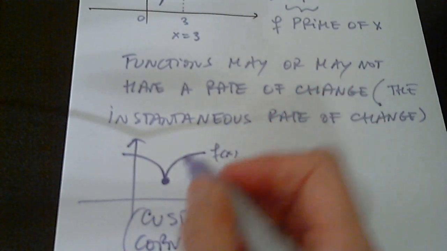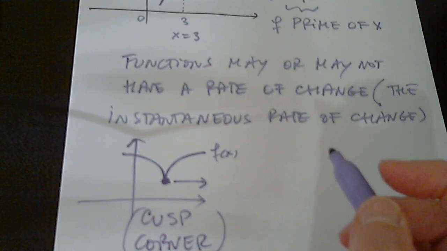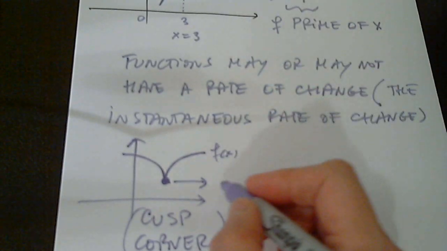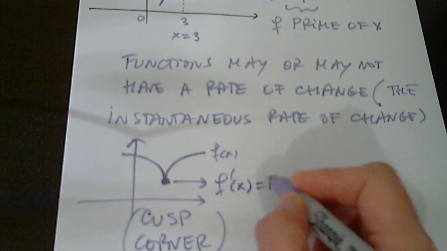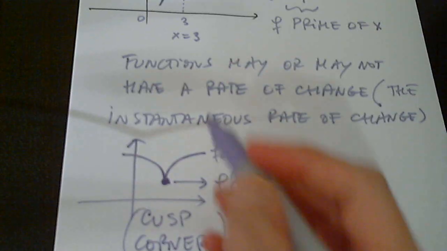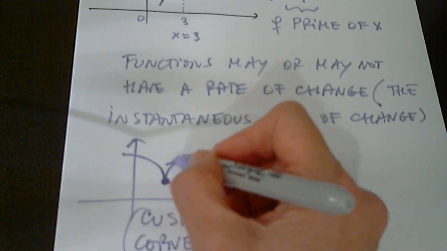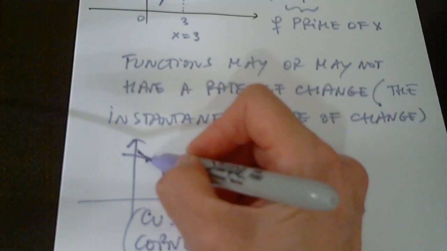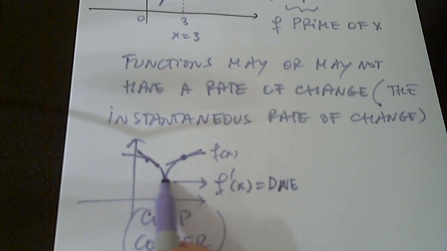This function, at this point, does not have f prime. It does not have a rate of change. F prime of x is DNE. It does not exist at this corner. It exists here. There is a tangent here. It exists here. There is a tangent and it has a slope, but it does not exist here.